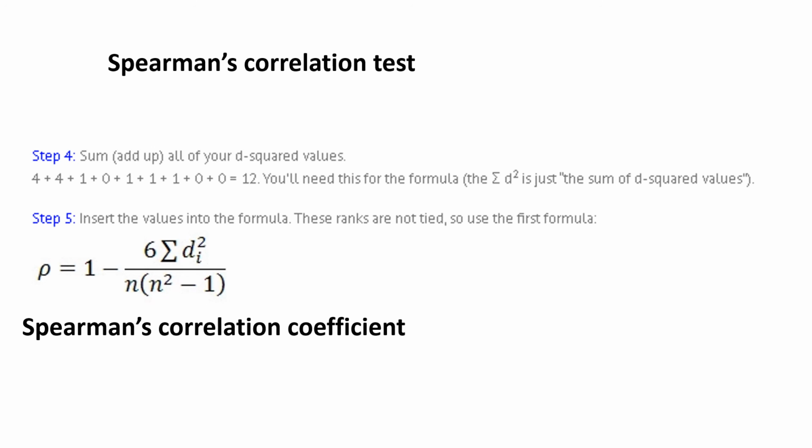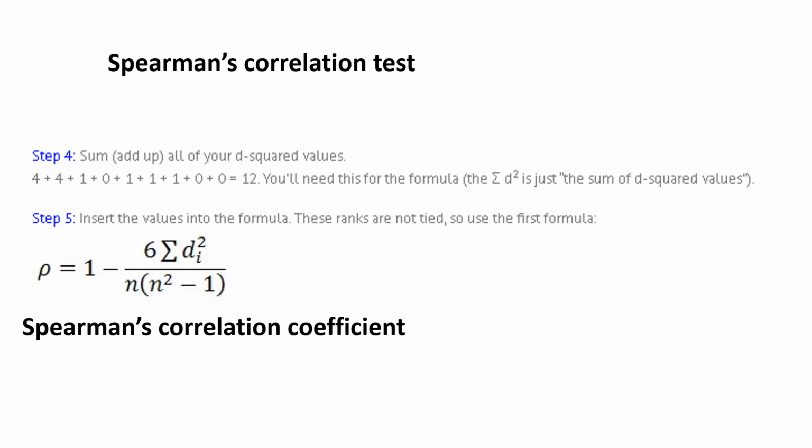What is the formula? Formula for Spearman correlation coefficient. Sigma D squared is the sum of D squared values. So insert the values in the formula.